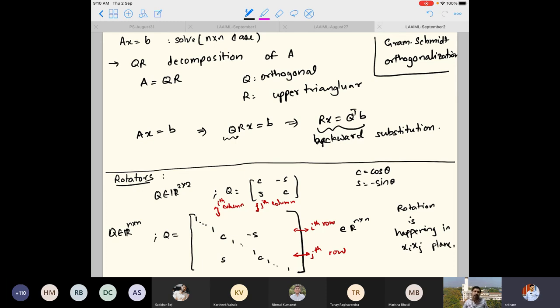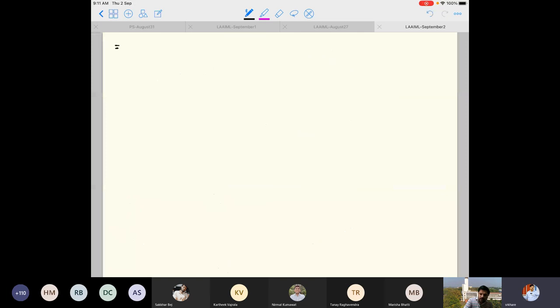So what is the meaning of this statement? The meaning of this statement is that when you apply Q on a vector x1, x2, up to xn, so what does this mean? Suppose Q into x, so what is Q? 1, 1, C, 1, 1, C, 1, 1.